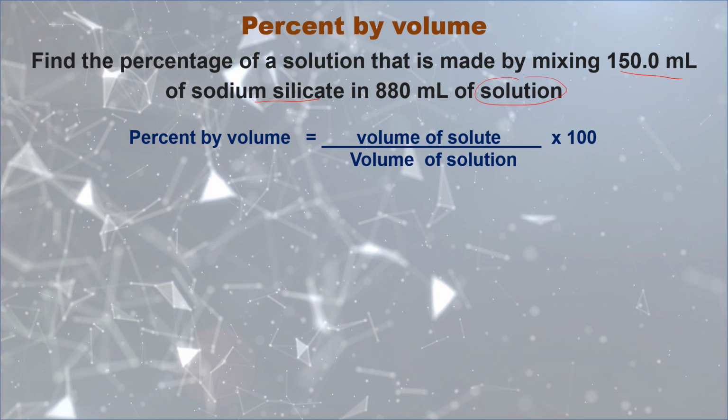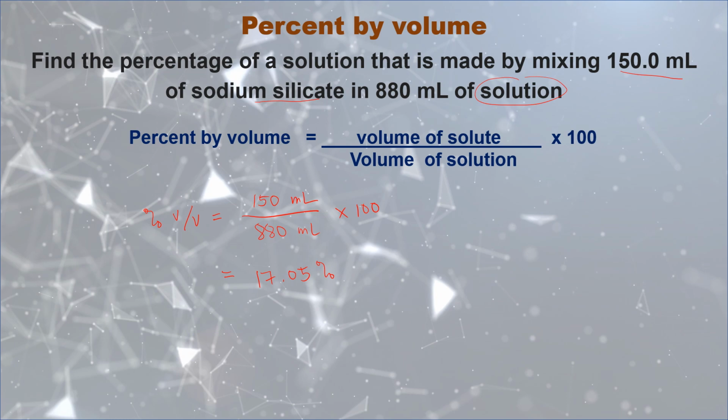So if you are going to solve now the percent by volume, which is percent V over V, you just have to divide 150 ml over 880 times 100. So the answer will be 17.05%.